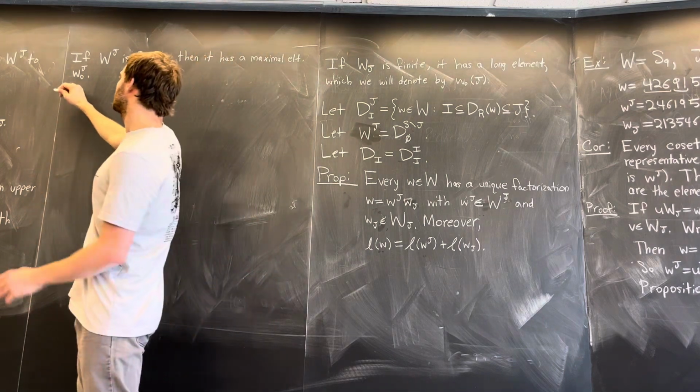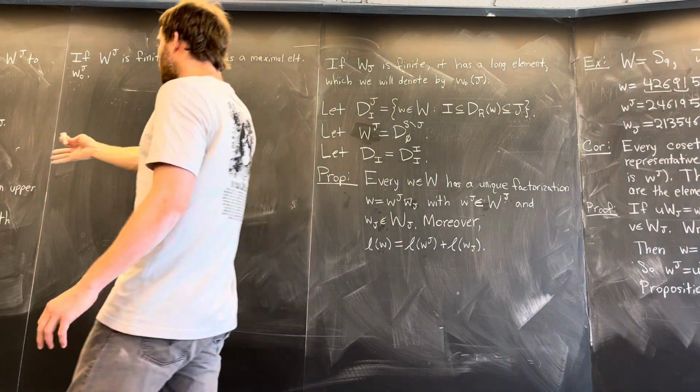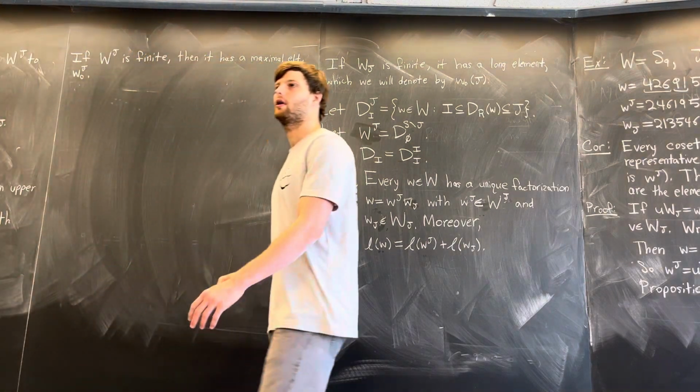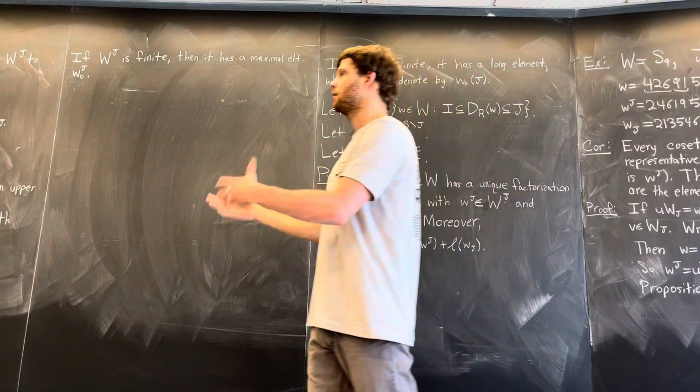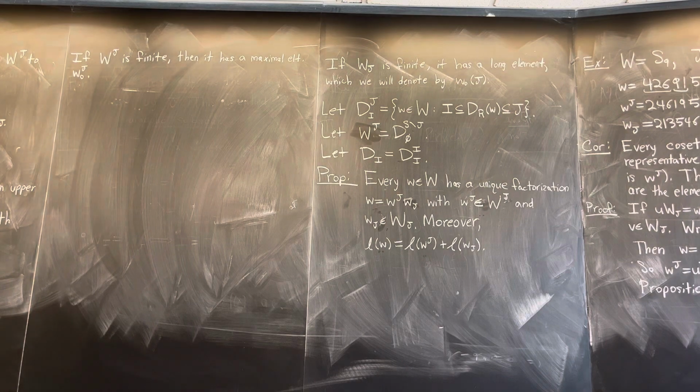So it is like this W naught superscript J. And again, any two elements have an upper bound, and so there's a maximal element because it's finite. Okay.